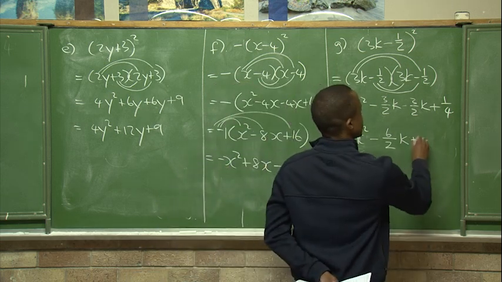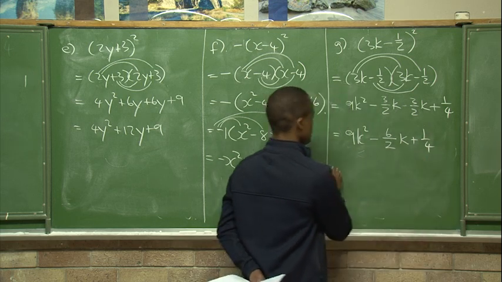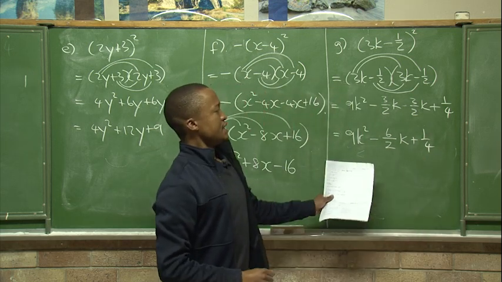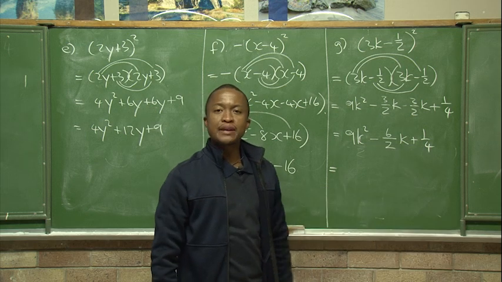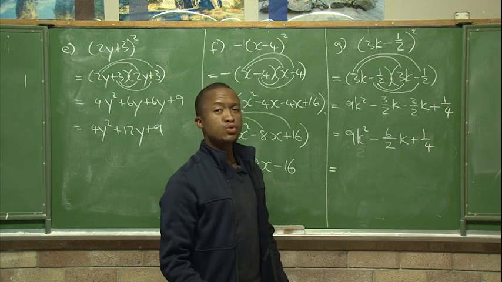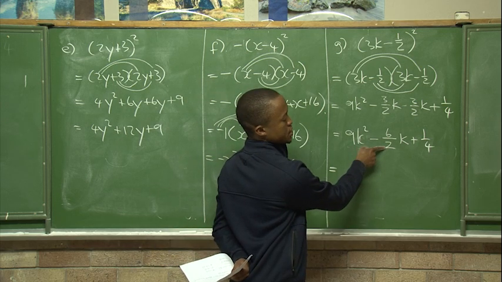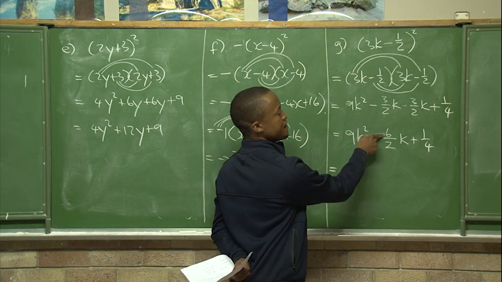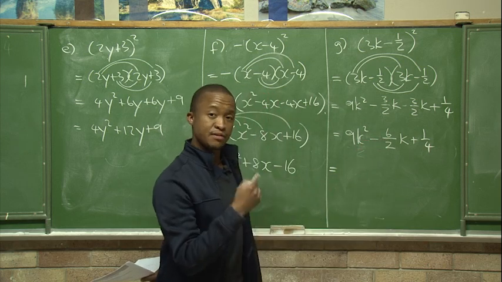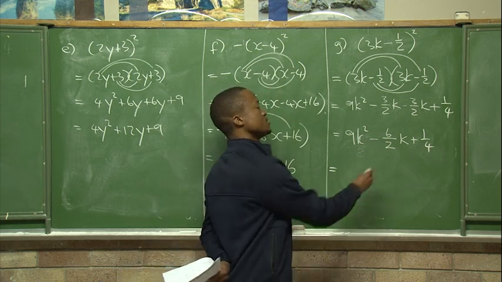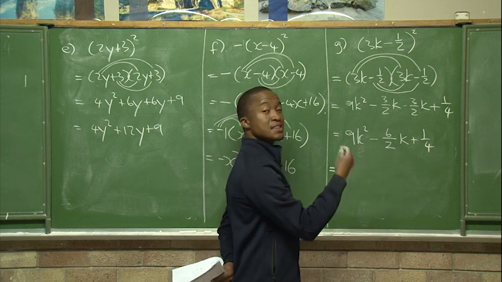We then get the quarter. And now that we have subtracted the two fraction terms, we can simplify further, because we can simplify this fraction: 2 does divide into 6. How many times does 2 go into 6? Three times.